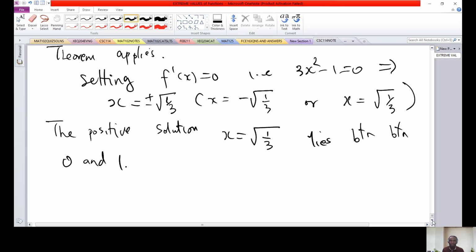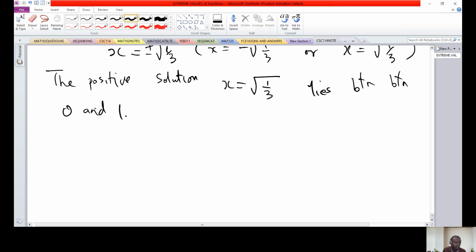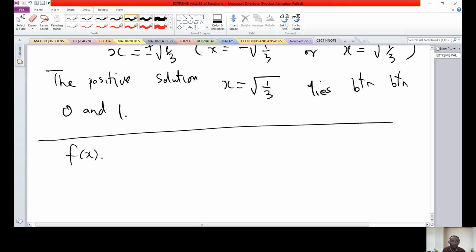Number 3, f of x given by x power 4 minus x squared on minus 2 to 2.